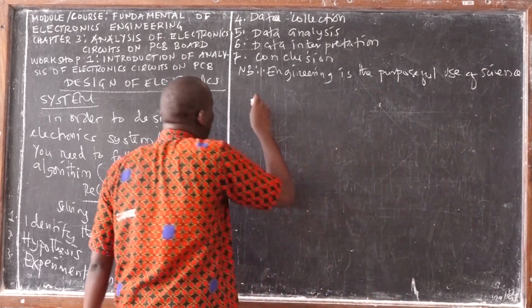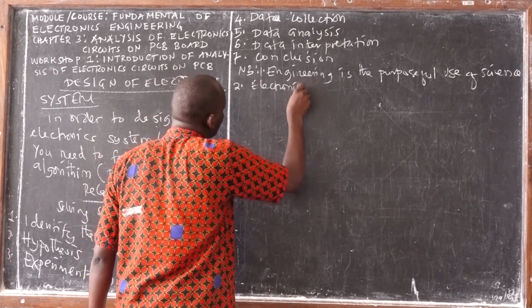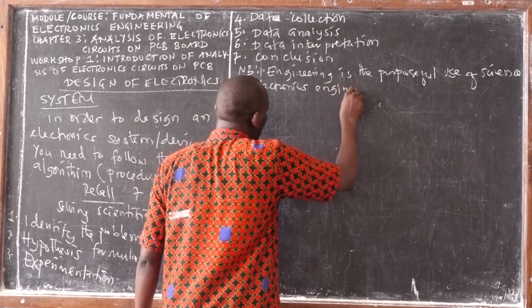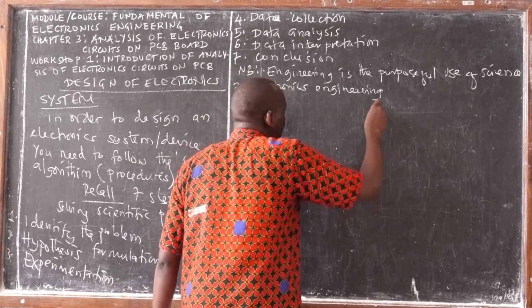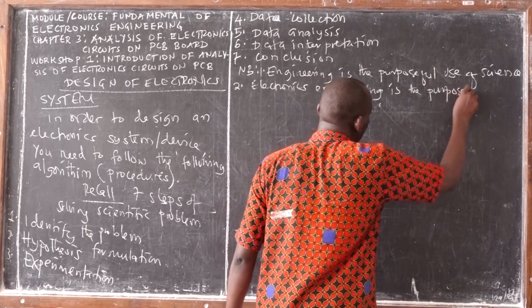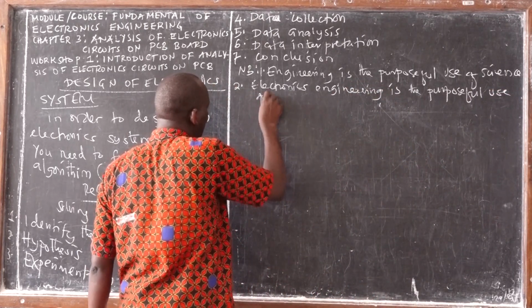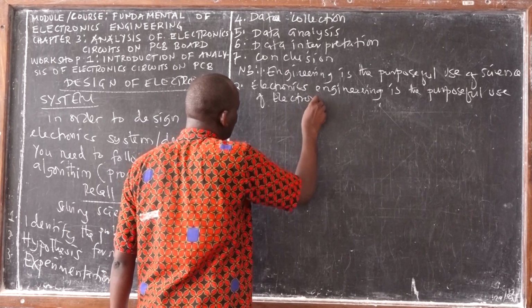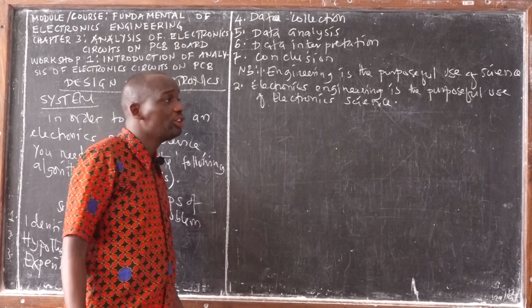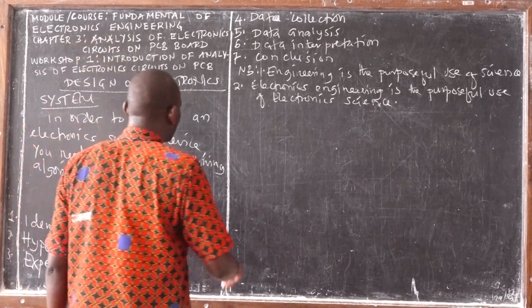Because we are learning electronics engineering, if somebody asks you what is electronics engineering, electronics engineering is a purposeful use of electronics science. So that's why we have always to remember about science. Okay? You have always to remember about science.